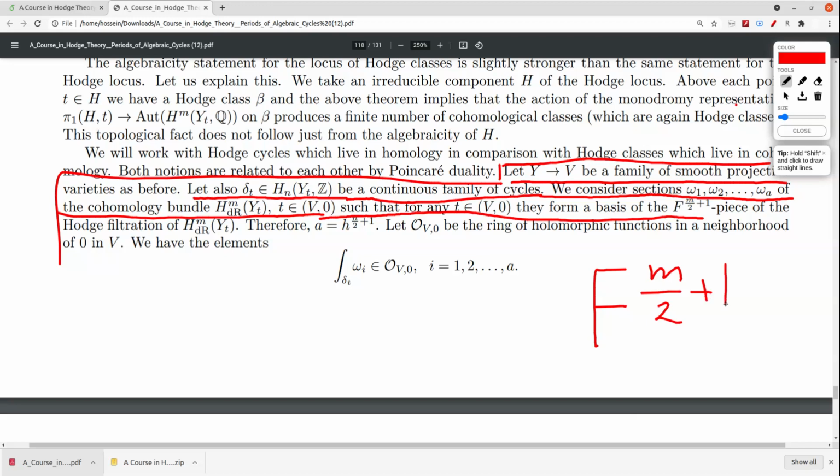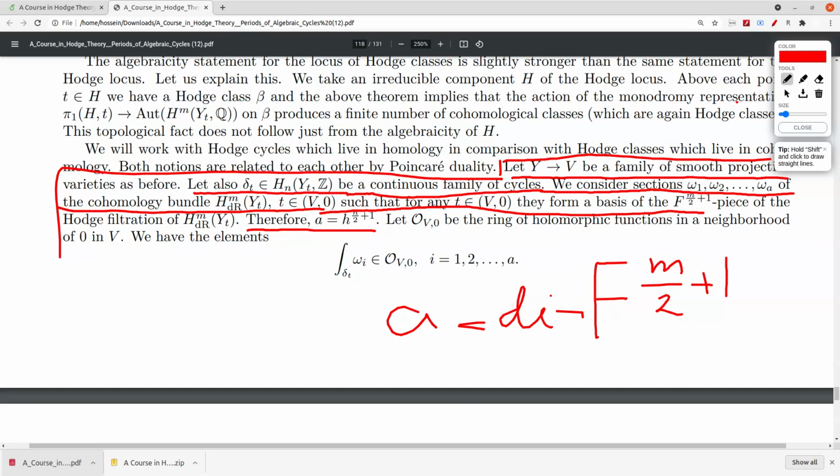Remember that we have used this piece of the Hodge filtration in order to define the notion of a Hodge locus. And so for simplicity, let's take A equal to dimension of this piece. And let's see.